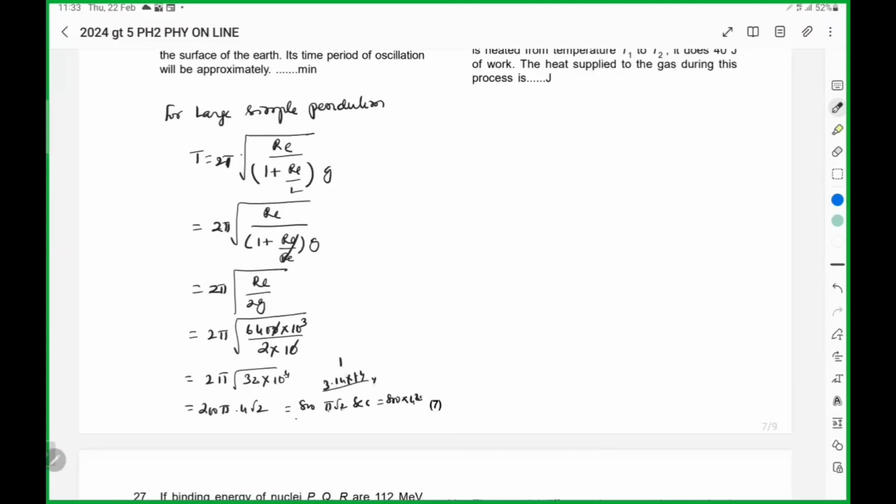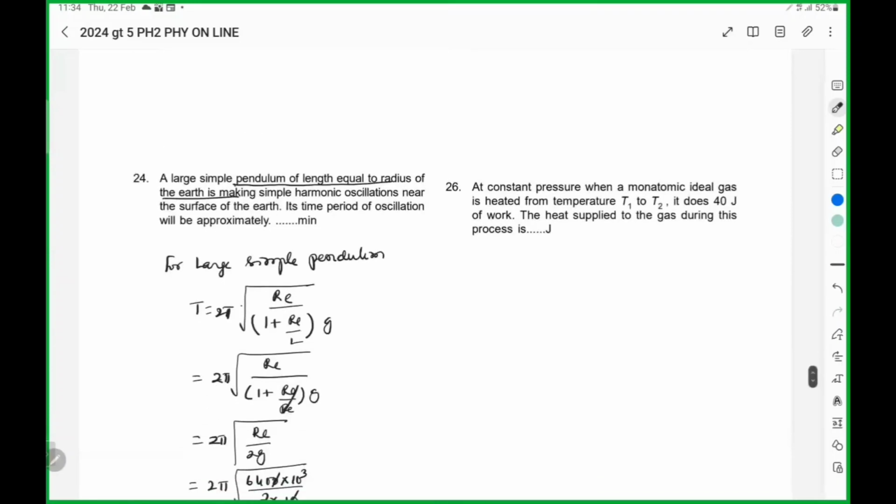So roughly 44 by 60 minutes. Even if you take 4, 6, 7, 42, so it is roughly 58 minutes. Roughly we can fix exactly; simplification is giving 59.38 minutes, which nearest integer answer is 60 minutes.